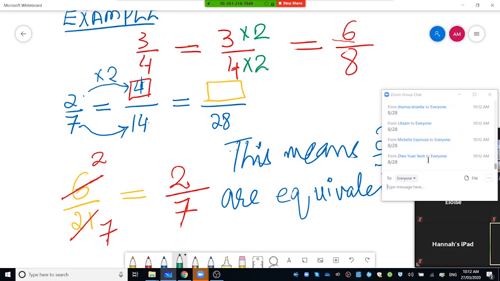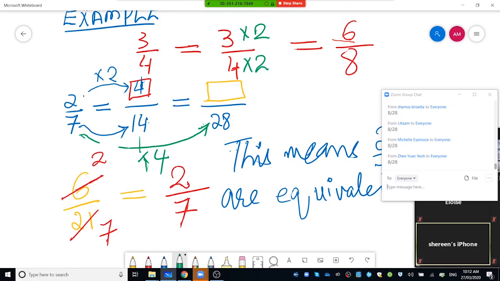Some of the students have already mentioned it. We see this 7 has gone to 28, which means it was multiplied by 4. So similarly, we multiply this 2 by 4, and it would become 8.